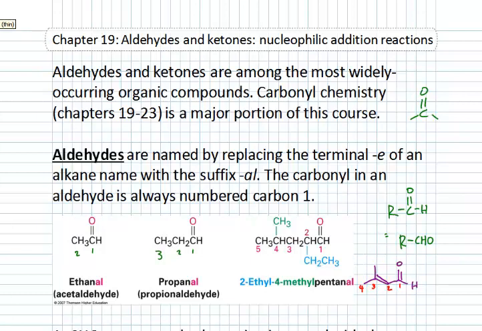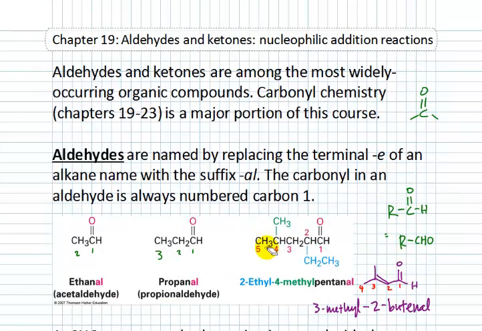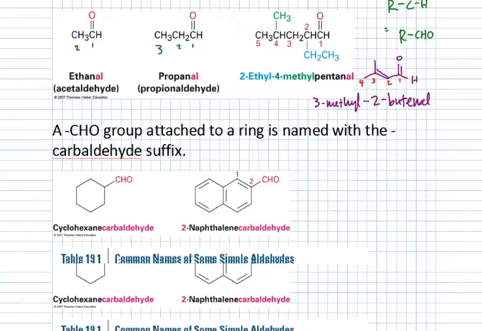So we'll start with the 3-methyl, and then the double bond starting at number 2. So 3-methyl-2-butenal. Where the aldehyde group is carbon 1, it does not get a number, because it's understood that within a chain of carbons, the carbonyl will be carbon number 1.